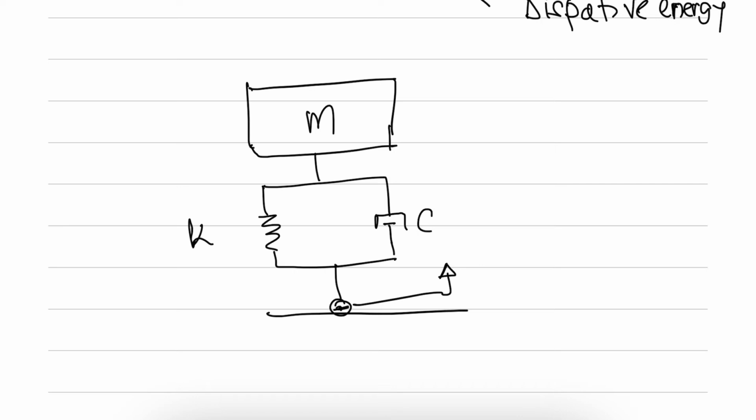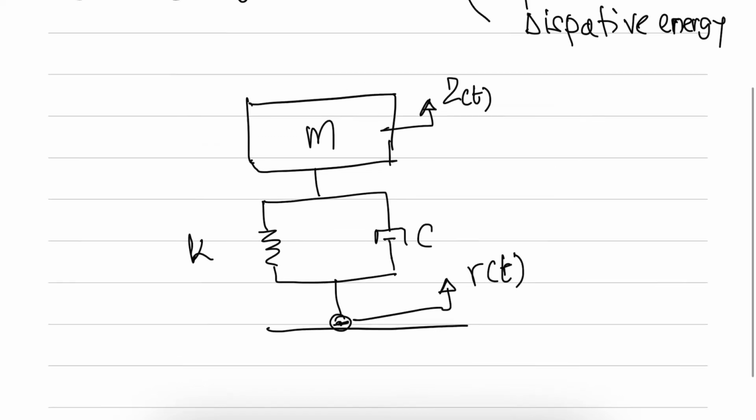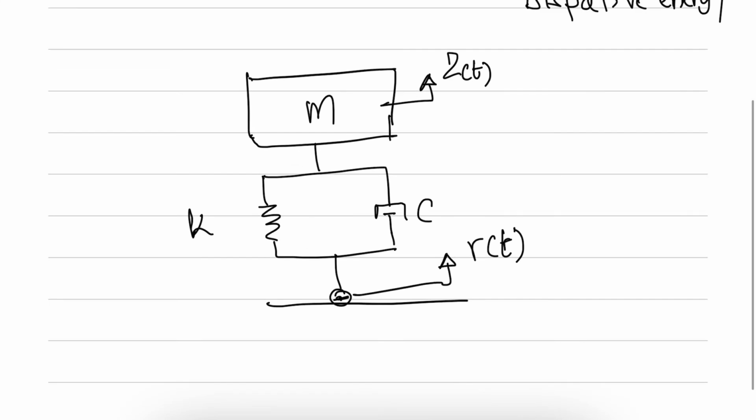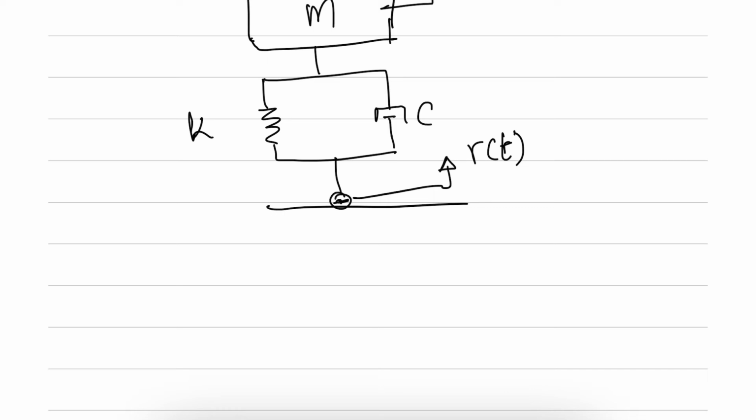So this system has one vertical motion, which we call Z, and another vertical motion at the ground, which we call R. Then I will start with Newton's equation of motion to formulate the equation of motion for this system.